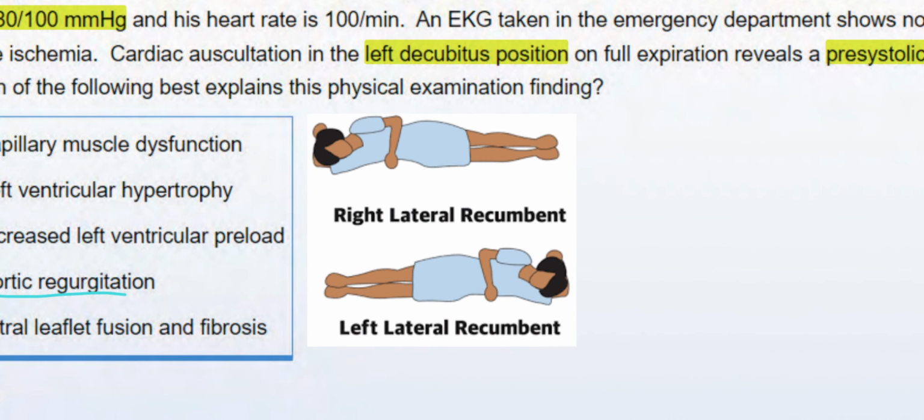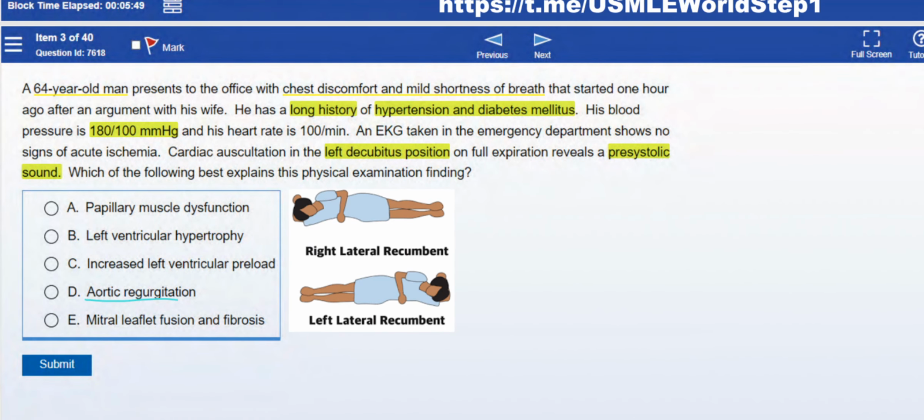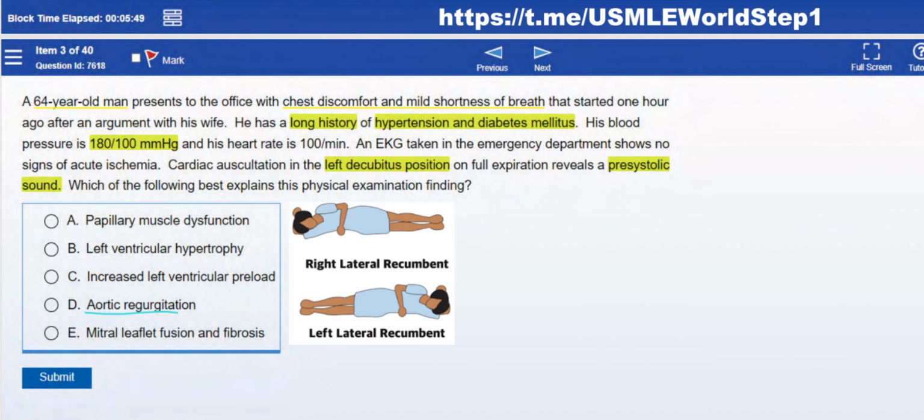This is the position, the left lateral recumbent. It is the left decubitus position, the blue one. So the correct answer is left ventricular hypertrophy.